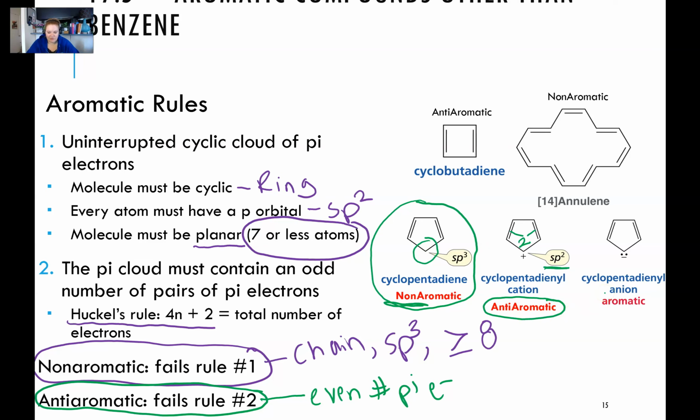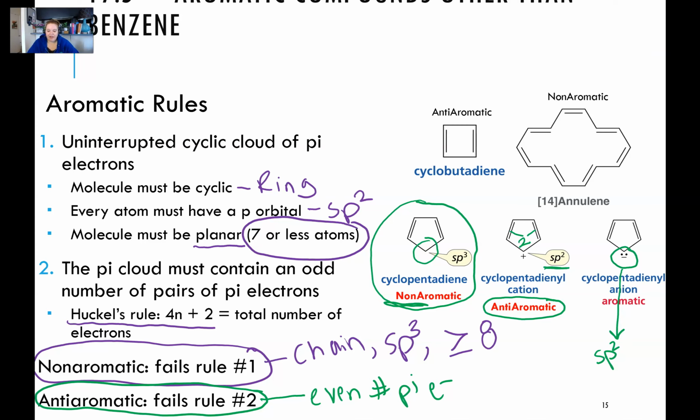And then the last one, we have a ring, we have less than 7 atoms, we have sp2 hybridization. Now, we have this carbanion right here. We have to talk a second about hybridization. Hybridization happens in order to make atoms or molecules more stable, and there's a little bit more gray area to it than what we originally talked about because it's based on stability.